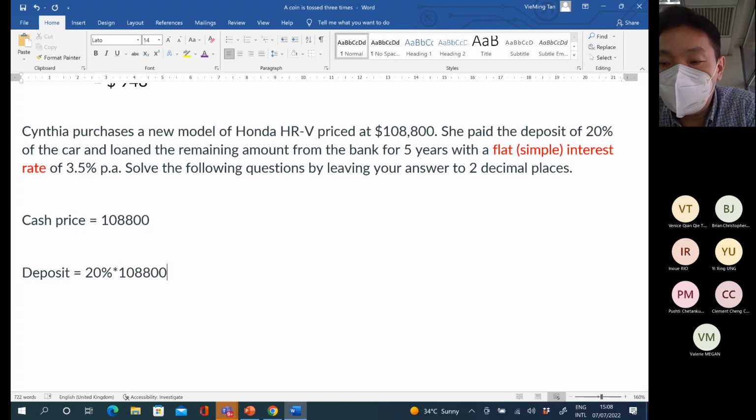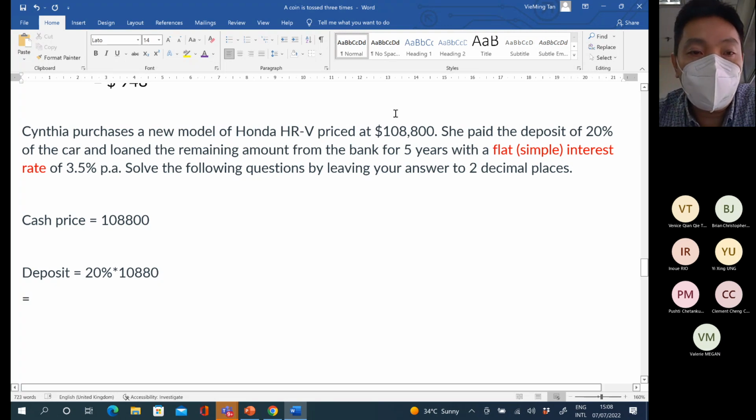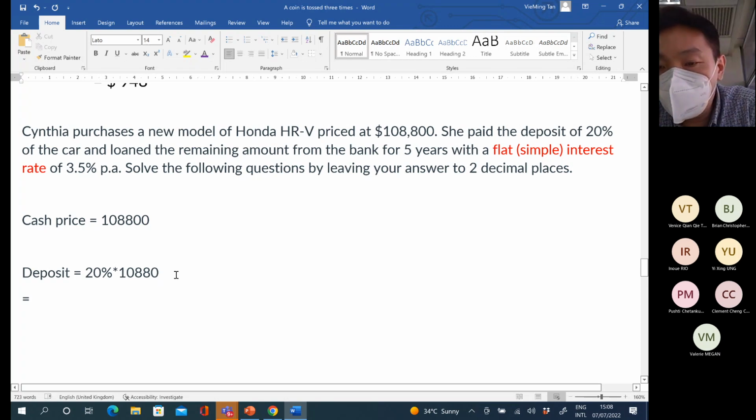Okay, so if you simplify, what is the answer you have? 0.2 multiply this. Anybody can give me the answer? Deposit. 8800, sorry, should be 880.